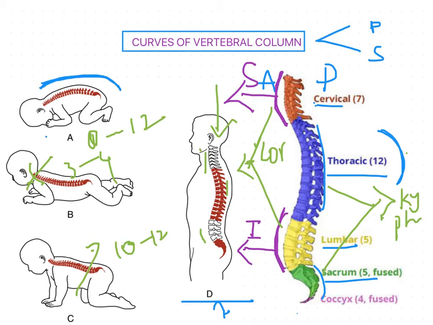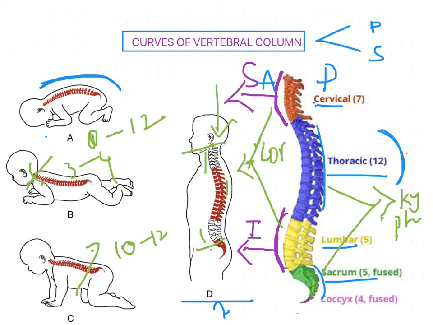Another important thing we have to keep in mind: these curves are interdependent, and the head is balanced over the sacrum through this column. The region between the head and the pelvis acts as a closed kinematic chain.